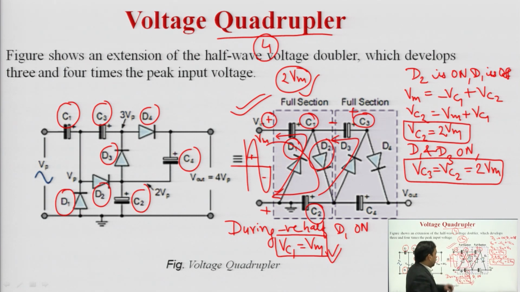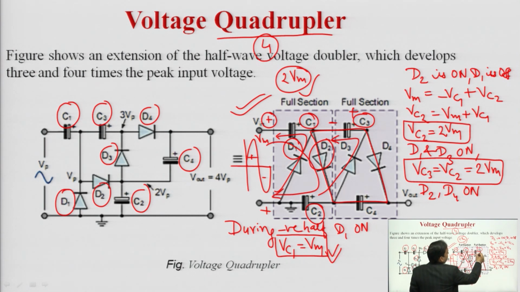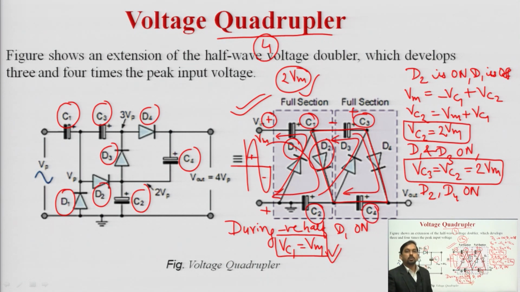Now, again during the next positive half cycle, what will happen? It is important that diodes D2 and D4 are on. It is clear from this circuit that this is a loop, so capacitor C3 will charge capacitor C4 to a maximum value of 2 times Vm.